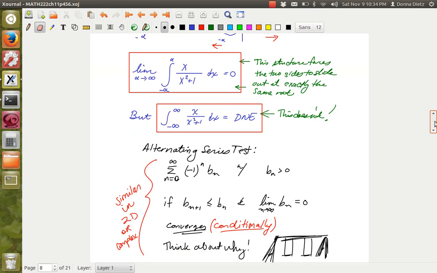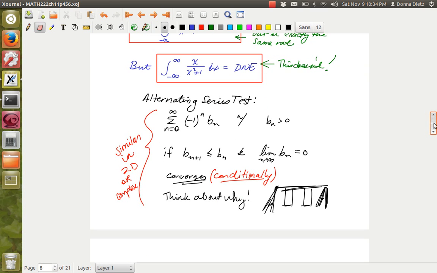Okay, alternating series test. In a later discussion, we'll talk about how this works in 2 dimensions or 3 dimensions, but let's just talk now about the alternating series test.